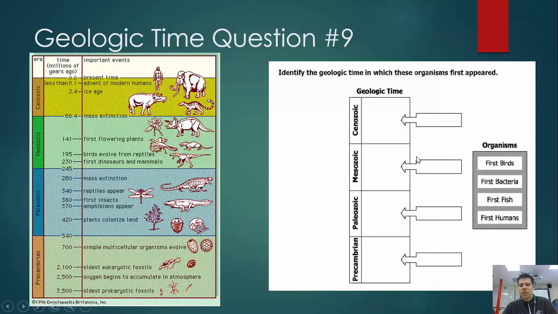Well, some of the very first birds appeared towards the middle, but birds as you think of them start to appear towards the end. And then right here, our first humans appear in the Cenozoic period. So, one more time, you should have first bacteria here, first fish here in the Paleozoic, first birds in the Mesozoic, and first humans in the Cenozoic.